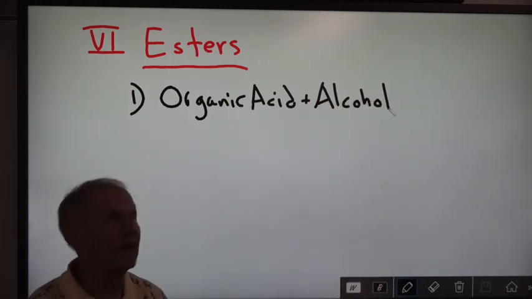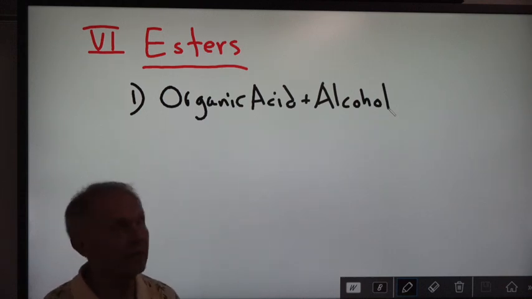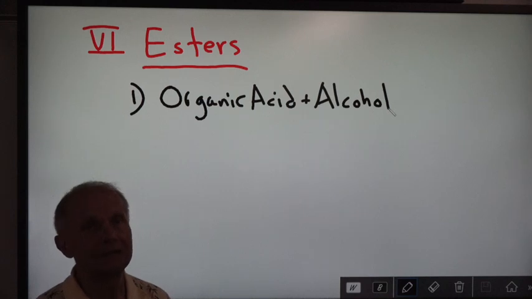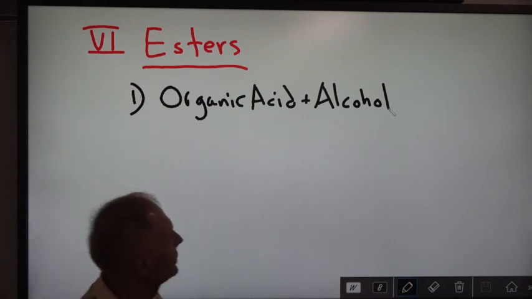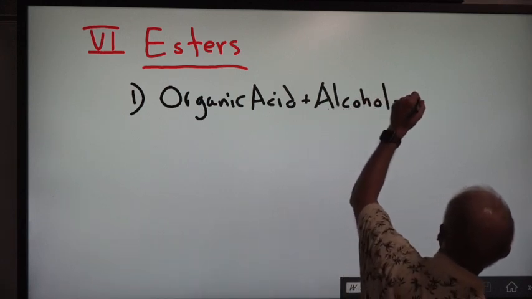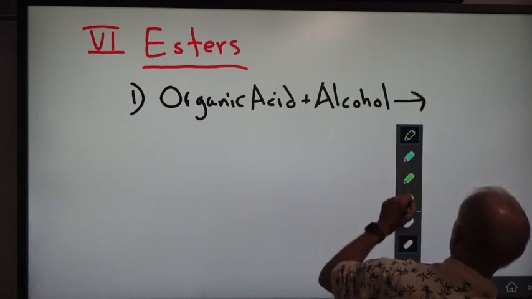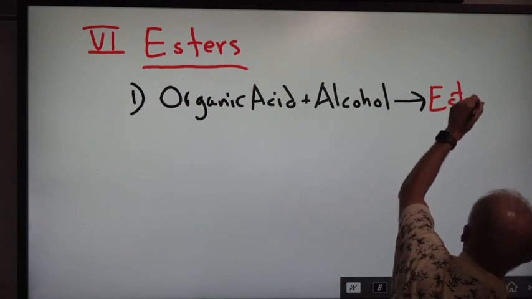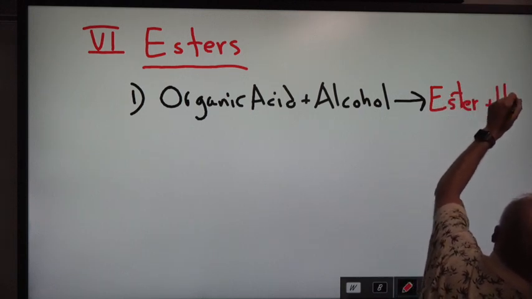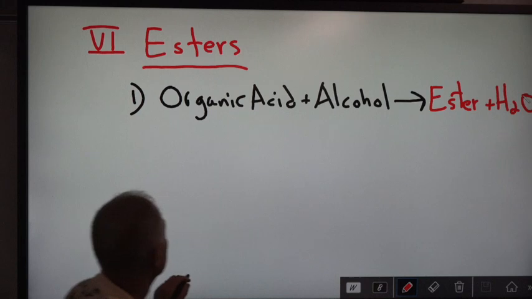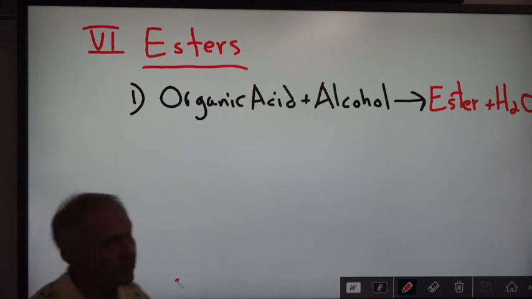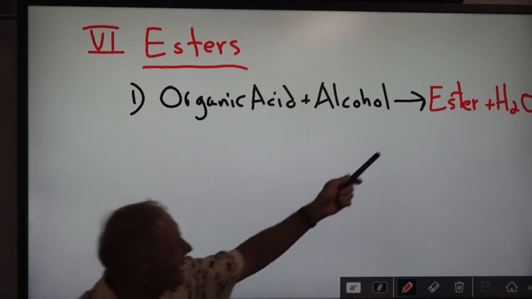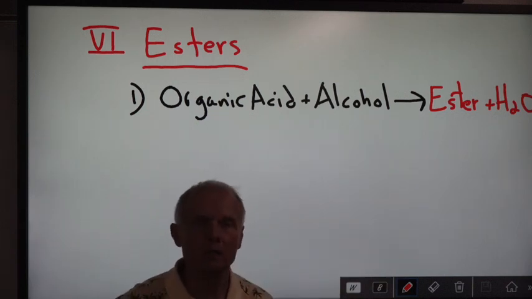We have to put together an organic acid plus an alcohol. All right? And what it's going to make is this. So, an organic acid plus an alcohol will produce an ester plus water.